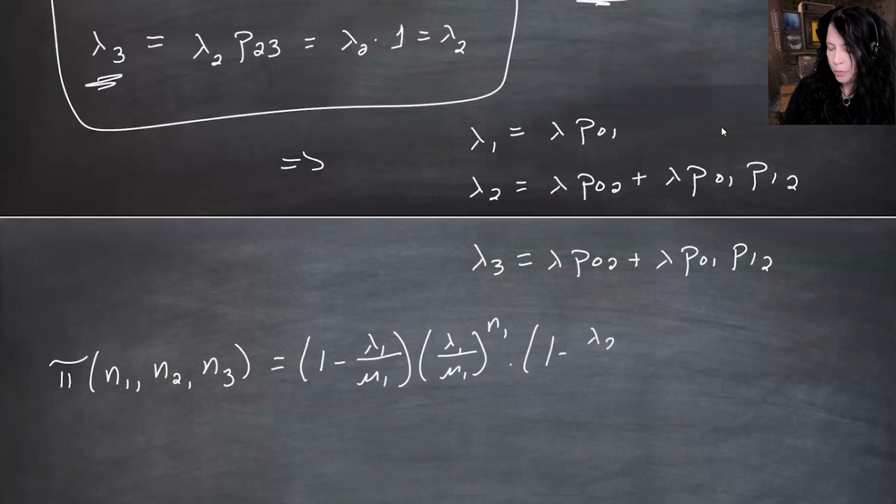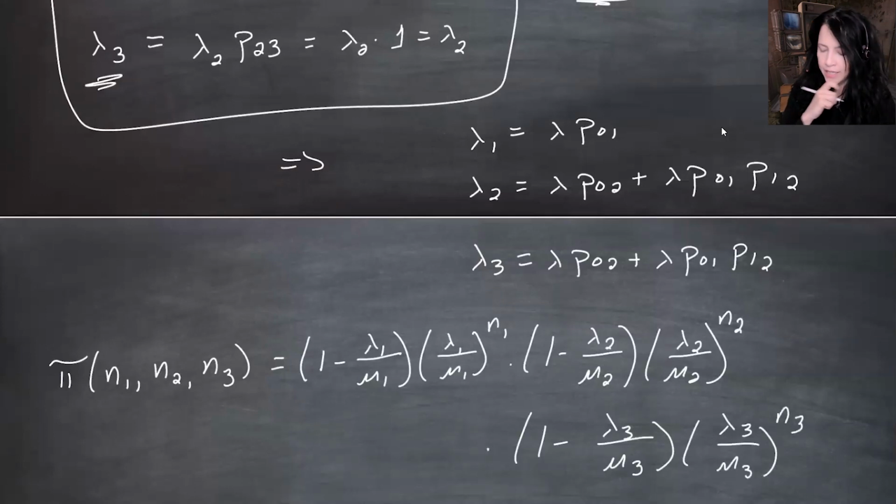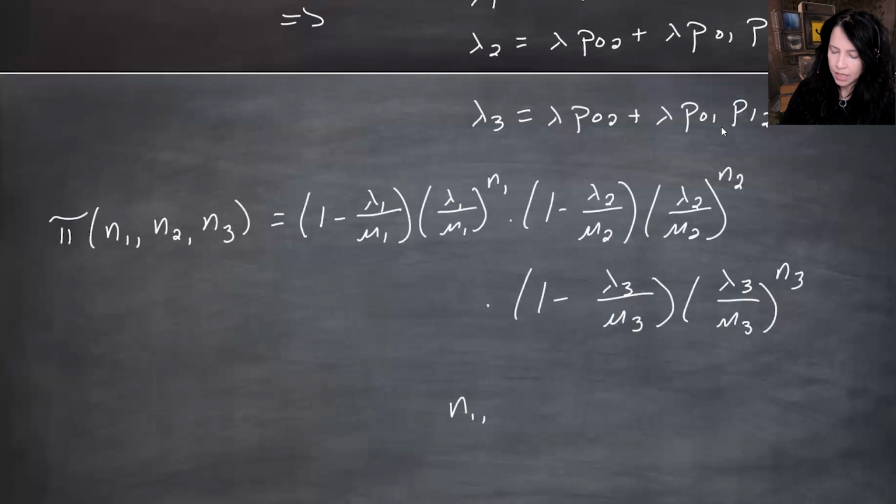And we just have to multiply these together with the second station times the last one. And if it looks weird to you that they look like they're all independent, remember that there is a dependence built into those lambdas. And N1, N2, N3 have to be non-negative integers.